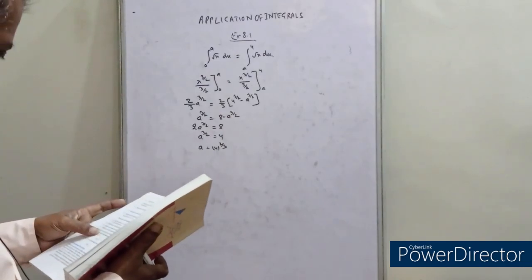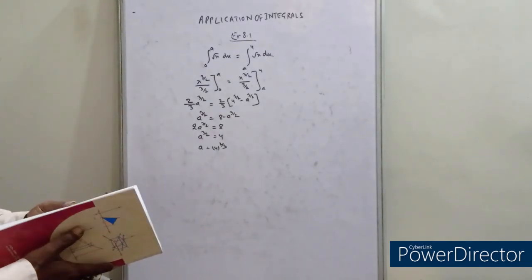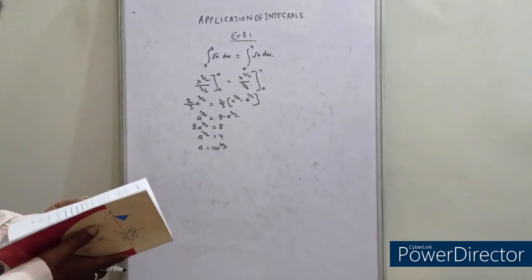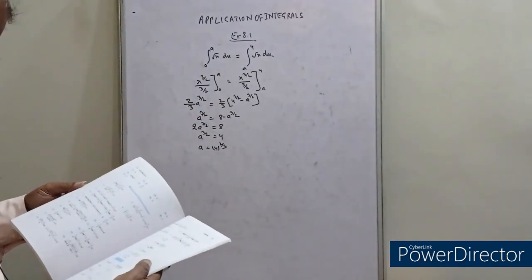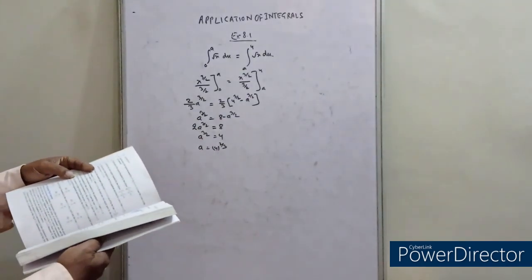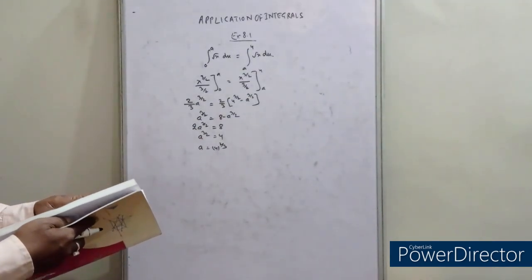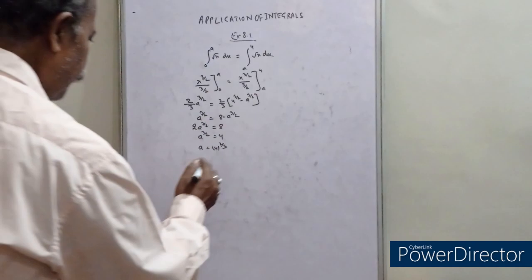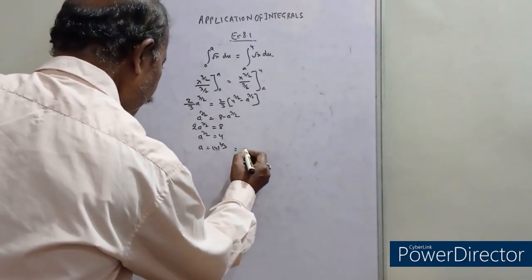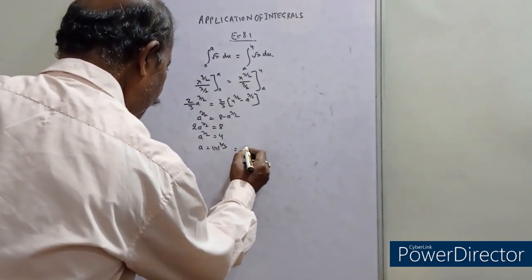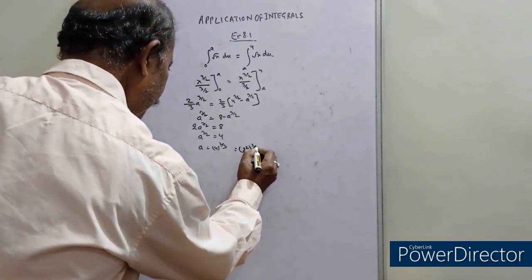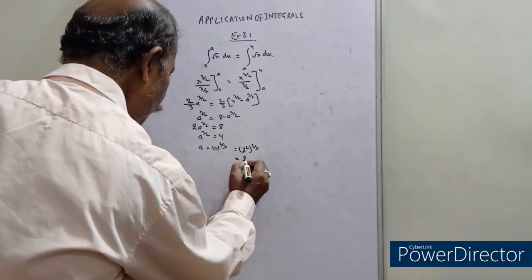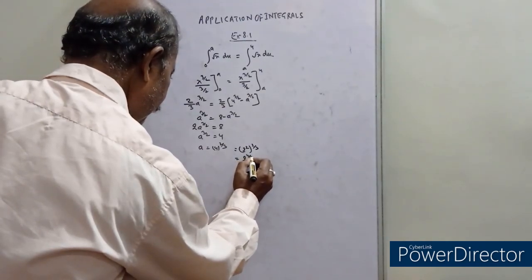Let me check the answer. Exercise 8.1, question number 8. So this will be equal to 2 squared to the power of 2 by 3, so 2 to the power of 4 by 3.